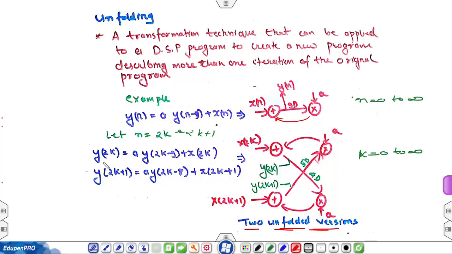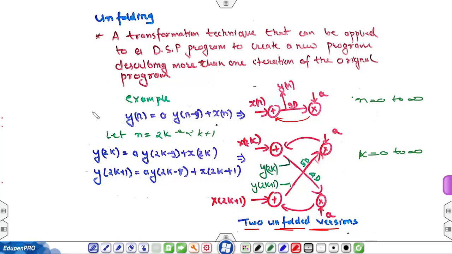For n equal to 2k, the equation is y[2k] = a·y[2k-9] + x[2k], and for n equal to 2k+1, the equation is y[2k+1] = a·y[2k-8] + x[2k+1]. So together the two equations describe the same program described by the first equation. These two equations are describing two consecutive iterations of this program.